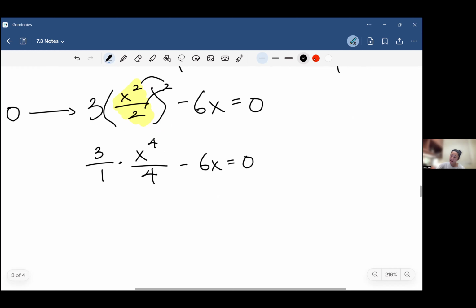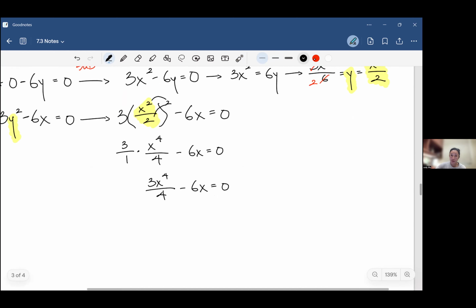Okay. Now I'm going to turn this into a single fraction. So I get 3x to the 4th over 4 minus 6x equals 0. Now, I don't really like working with fractions, so I'm going to use a clever multiplier. I'm going to multiply this whole equation by 4. And when I multiply the equation by 4, my fraction is going to go away.